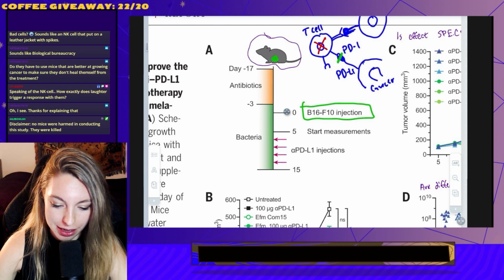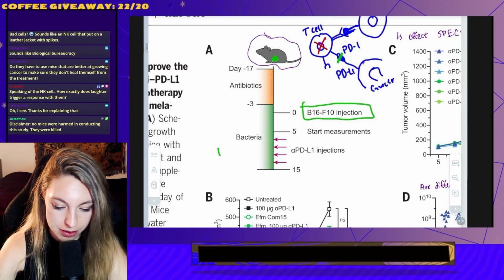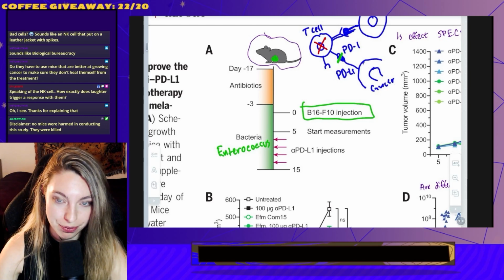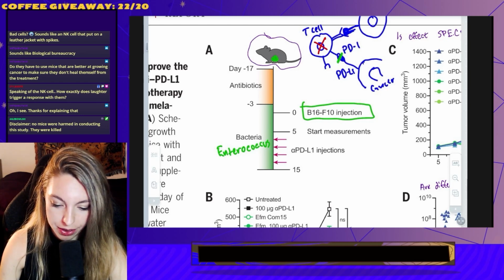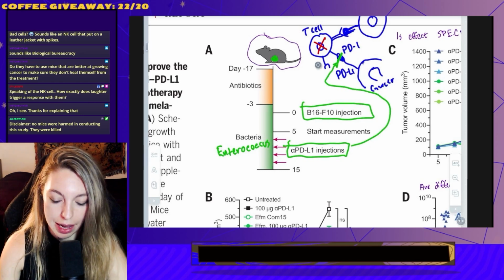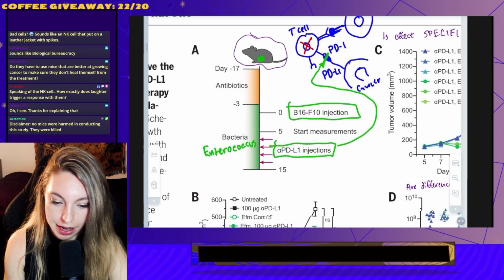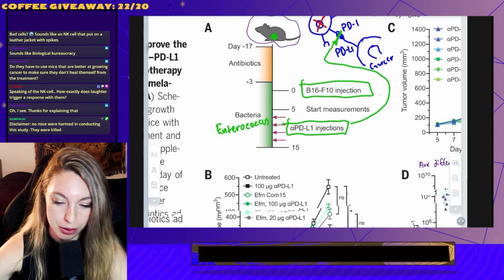And then they gave the mice the bacteria, the Enterococcus, in their drinking water. And then they gave them anti-PD-L1. So they gave them the antibody that blocks this inhibitory receptor to make the T cells better. And then they looked at how the tumors grew.